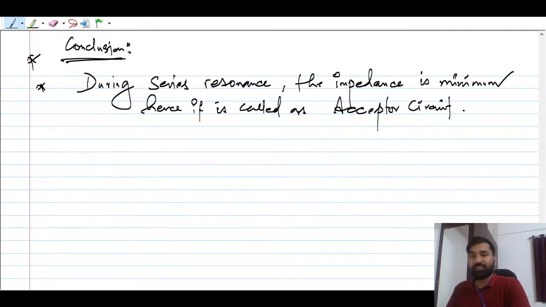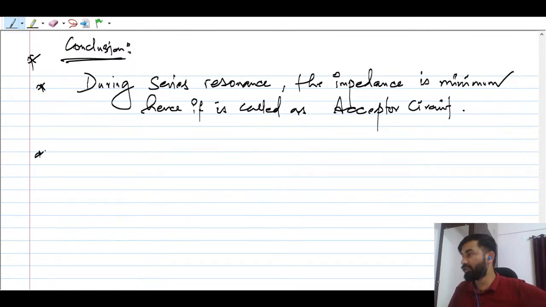Since the entire supply voltage will appear across the resistor, understood? You can say that this kind of circuit is also known as a voltage amplification circuit.